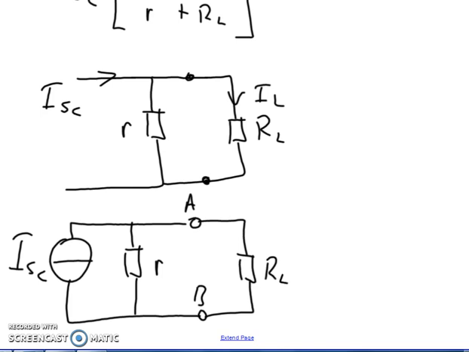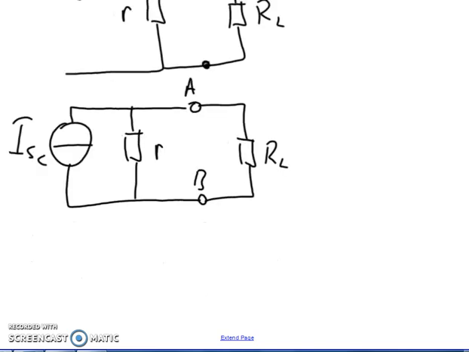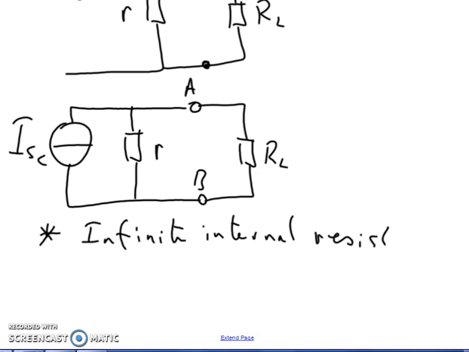The constant current generator has two properties. Fairly obviously, it always produces the same current, and more importantly, it has infinite internal resistance. So unlike the constant voltage generator, which has zero internal resistance, this has infinite internal resistance.